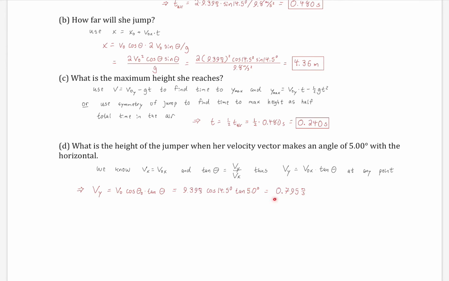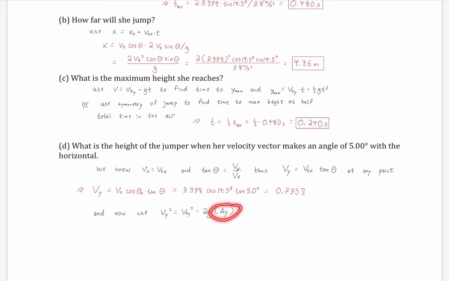So there we just found the vertical component of velocity when the jumper's instantaneous velocity is at a 5 degree angle to the horizontal: 0.795 meters per second. Then we're just going to use this equation, which relates the instantaneous vertical component of velocity to the initial vertical component of velocity minus gravity times height.